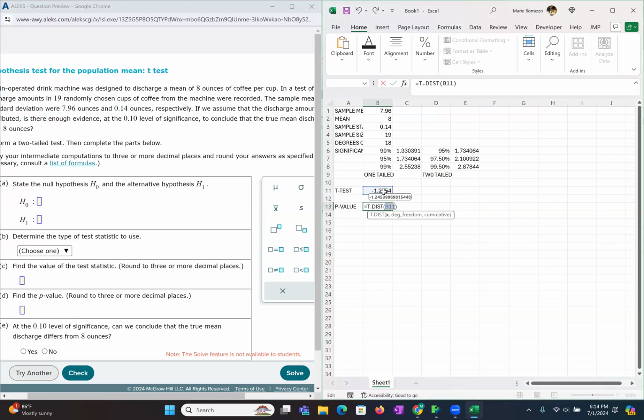Enter. Oh, I forgot the degrees of freedom. So you do the x, which is the number itself, the degrees of freedom, which was 18, and then it's a cumulative. So I think you select 2.